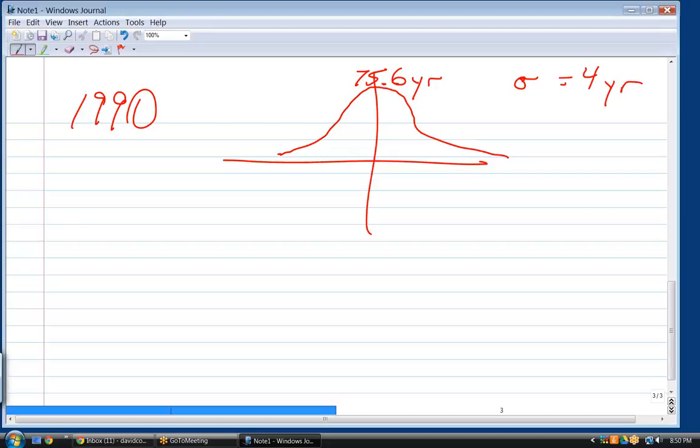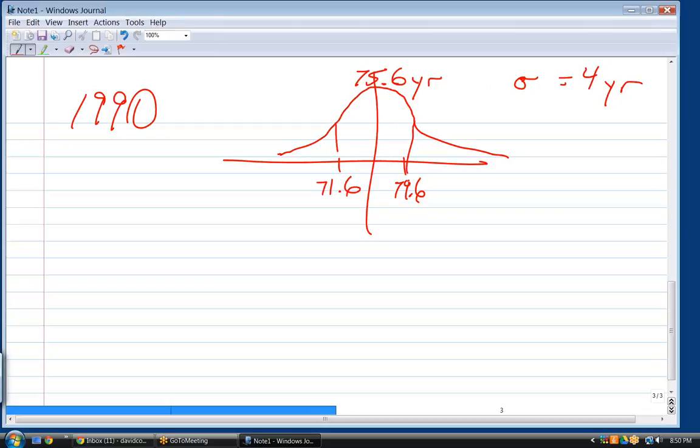Okay. Well, we know the area under this normal distribution curve. We know that 68% are within one standard deviation. So if I go out to 79.6 years to the right and 71.6 years to the left, that's one standard deviation.